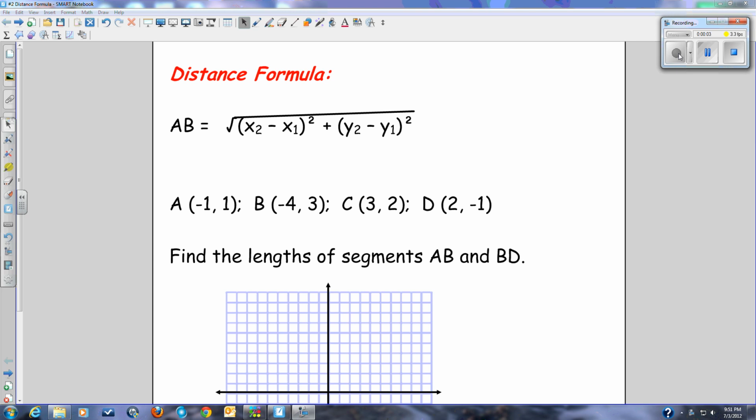Today we're going to be talking about the distance formula, and here is the formula that we're going to use.